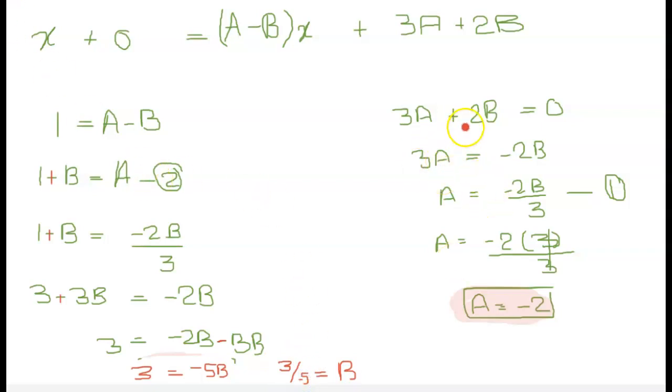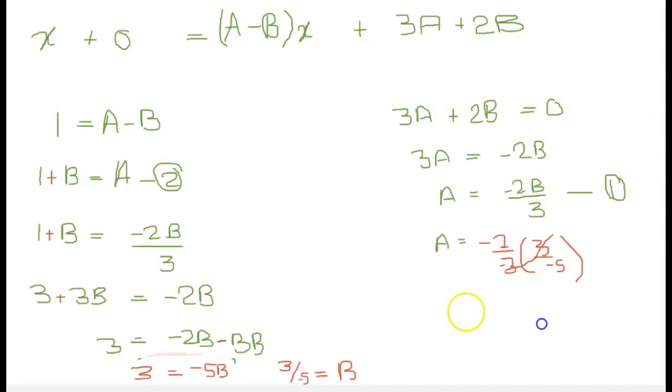Then if we put this thing here, okay, I put the wrong value, so that is minus 2 over 3, and then there is a b. b is 3 over minus 5, which means the 3 and the 3 cancel, and a should be equal to 2 over 5, because minus 2 over minus 5 is 2 over 5.